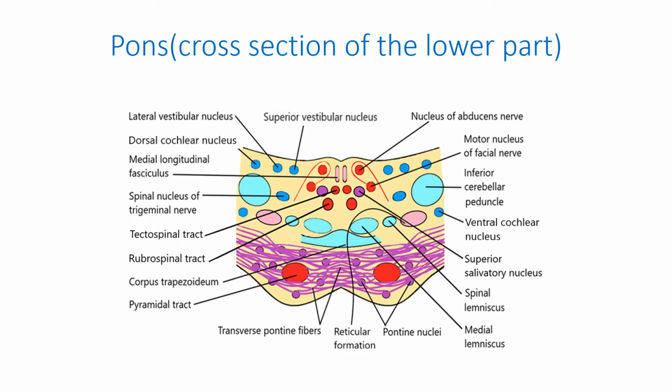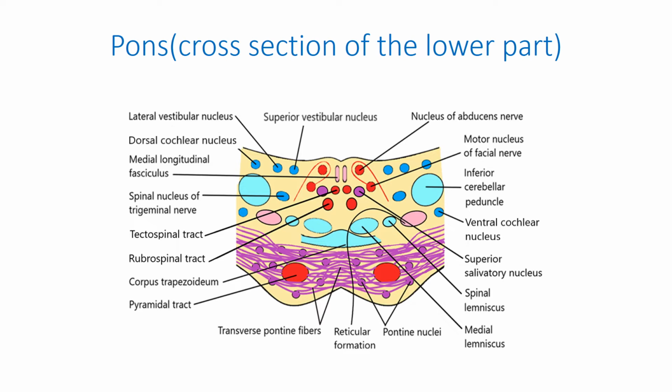The transverse section of the lower part of the pons passes through the nuclei of trigeminal, abducens, facial nerves, and nuclei of vestibulocochlear nerves.